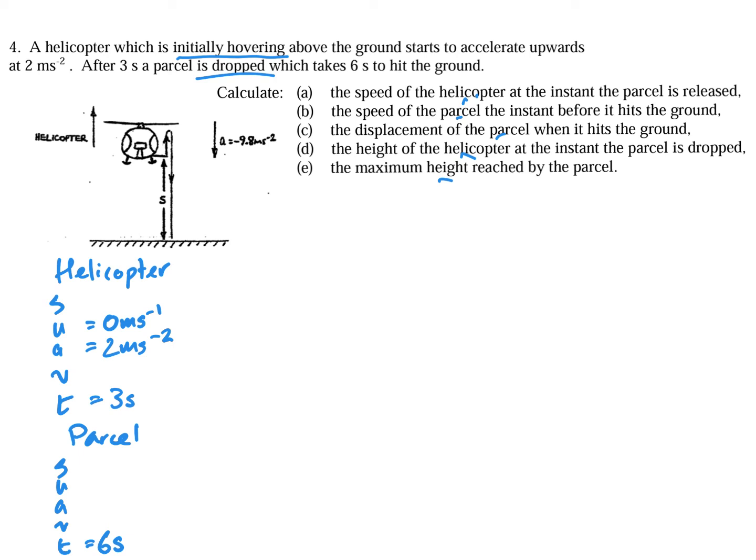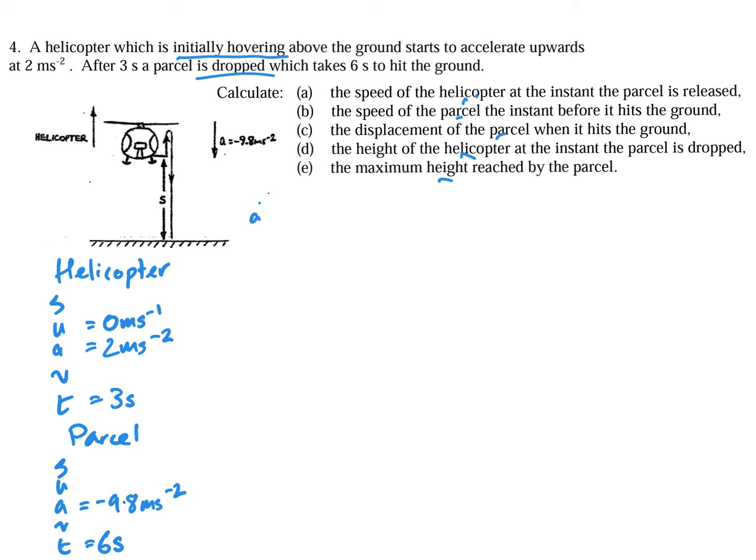So that's why we need to do part A first. So we need to get what speed the helicopter was going at when the parcel was dropped, because that's the speed the parcel will be at. That's its initial speed as well. And the other thing that we can fill in before we go any further, the helicopter's not in free fall, but the parcel is. So we can fill in for the parcel, a is minus 9.8.